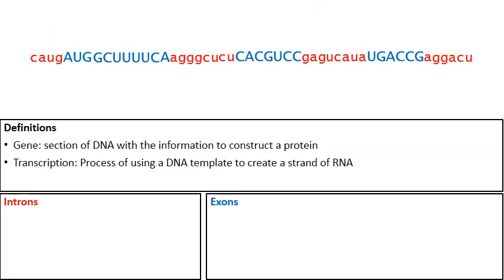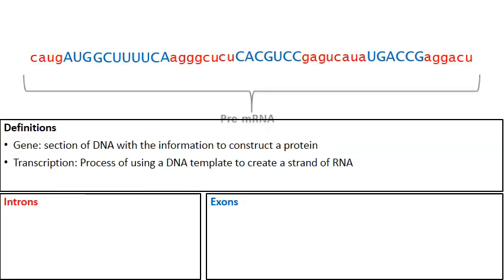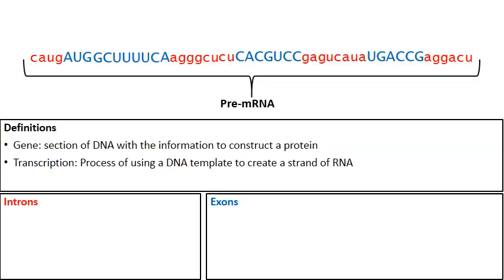Now, we're going to move the DNA away. Now we're going to focus our attention on the RNA that's been created. Now, that's not final messenger RNA. This is what is called pre-mRNA because of the red introns and the blue exons. We have to process this RNA, this pre-mRNA, before it reaches the final mRNA.